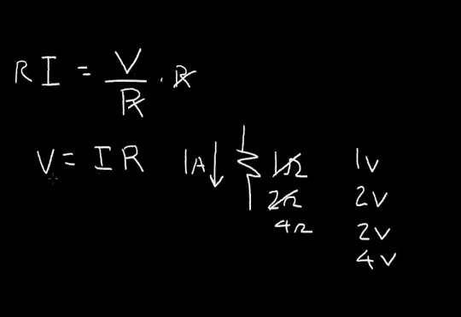Now we can take this equation and we can solve for the resistance. If we divide both sides by current, we get the resistance is equal to voltage divided by current. Let's think about that just a little bit.